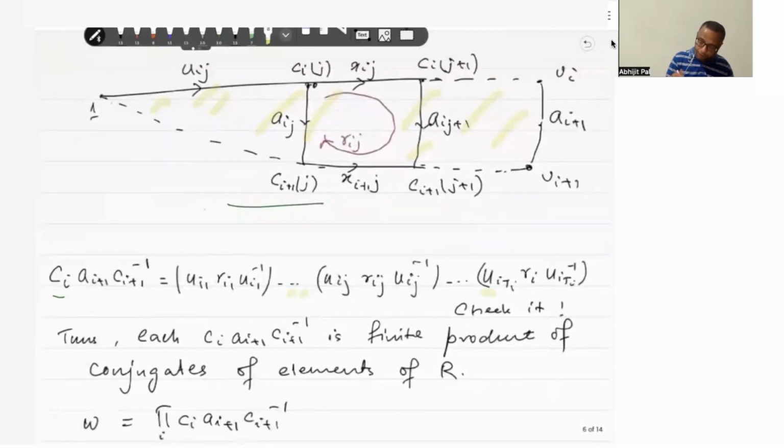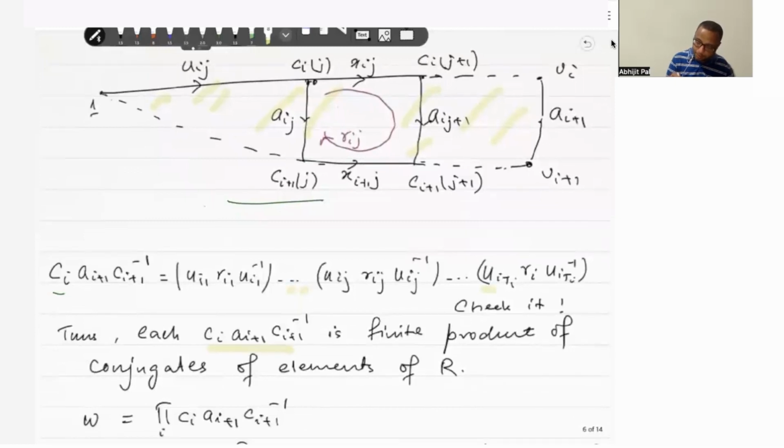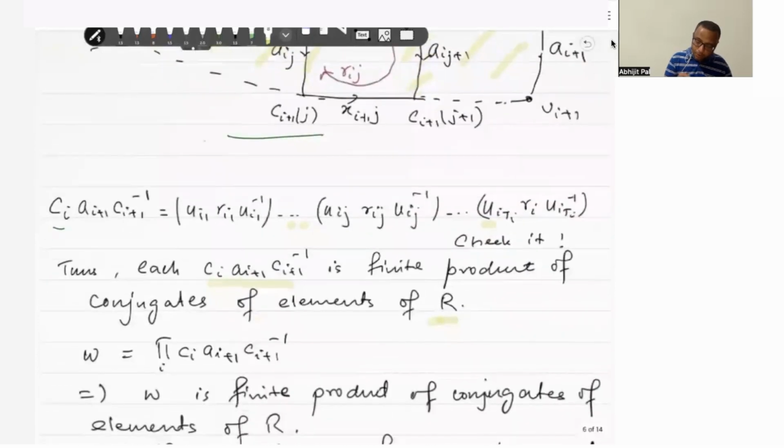Now each of these loops is a finite product of conjugates of elements of this R. So this Ri1, Rij, and Ri belong to this finite set R. And W is the product of the Ci Ai plus 1 Ci plus 1 inverse, and each of these is a finite product of conjugates.